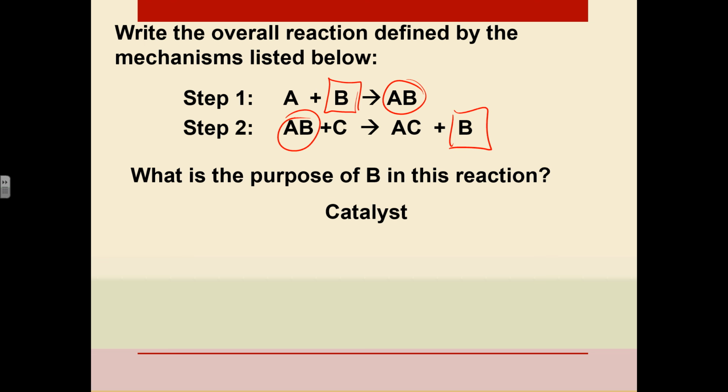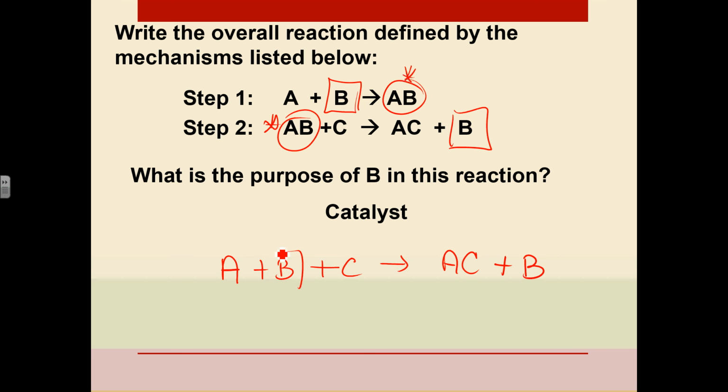It is not an intermediate. The difference is that AB is made and then used up, so it never sees the beginning or the end of the reaction. When I go to finish and write the overall reaction here, I get A plus B plus C goes to AC plus B.